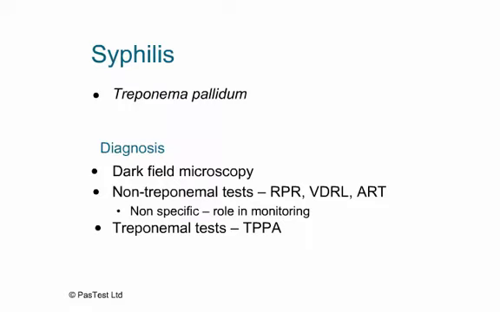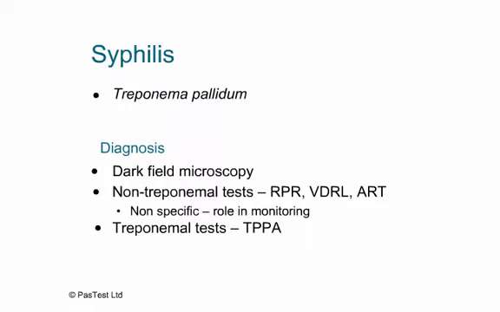Blood tests are confusing, but you should think of them as being split into non-treponemal tests, which are labelled as above. Now, these are antibodies to antigens contained within the spirochete. They are cheap tests, they are rapid to get results back, but they can be non-specific, and there are also relatively high rates of false negatives with this.